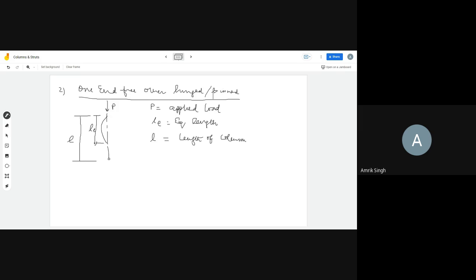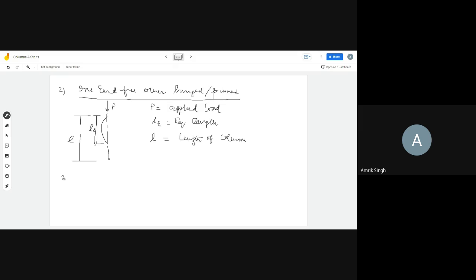So we will find out this length when we have the derivation. Okay, then third is a column with both ends fixed. Okay.